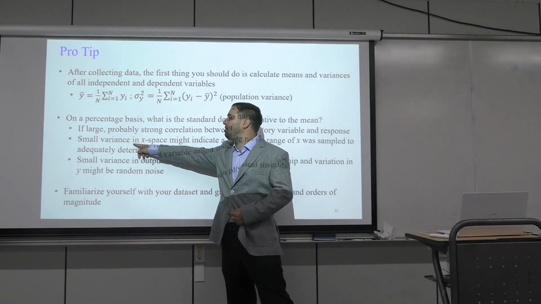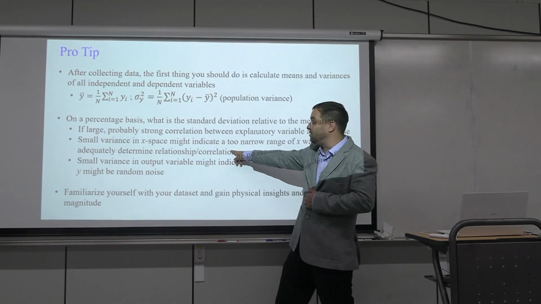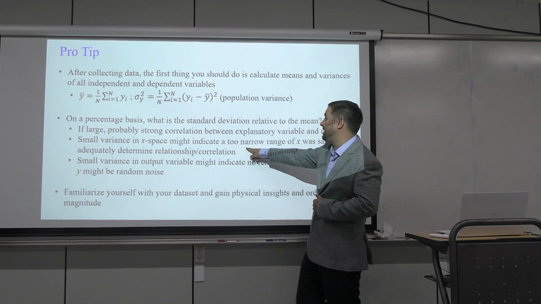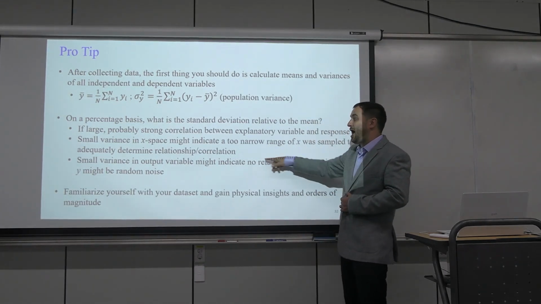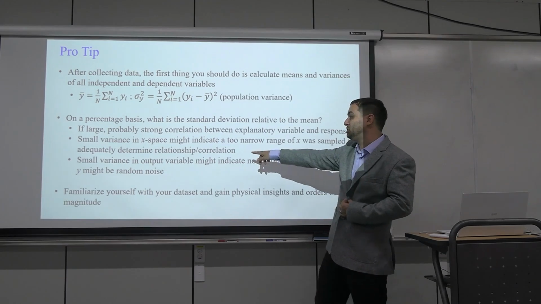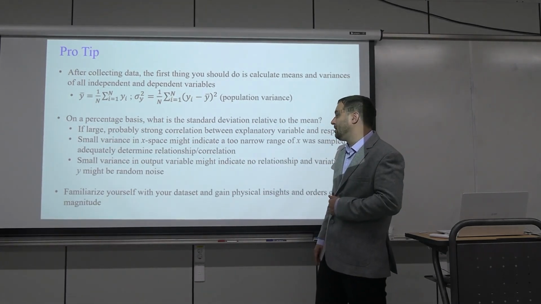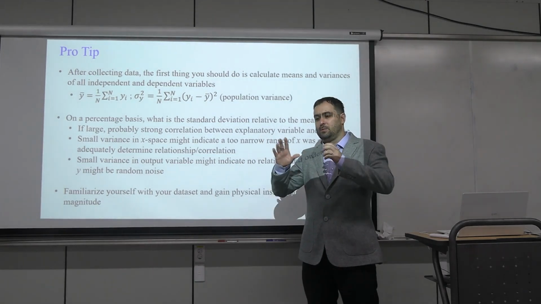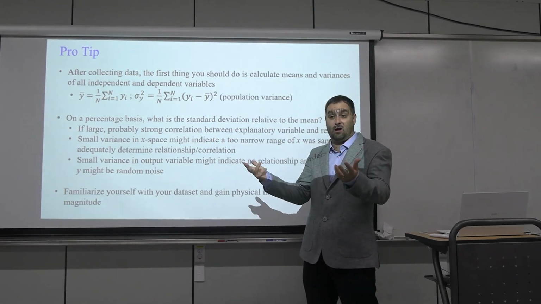And also a small variance in the x space. So in one of the independent variable dimensions, a small variance might indicate a too narrow range of x was sampled to adequately determine the relationship and the correlation. Okay? And so generally we want our regression model to be predictive over a range of x values, the whole range of our application.